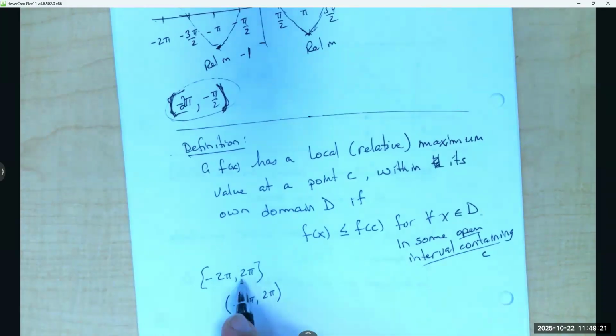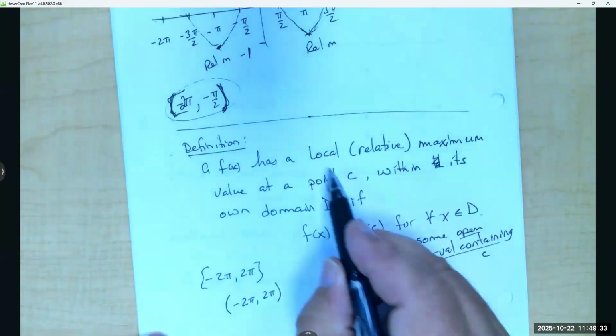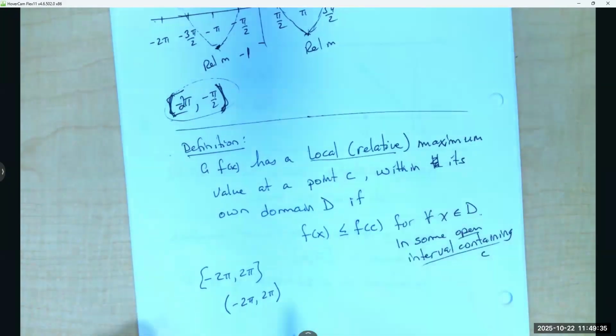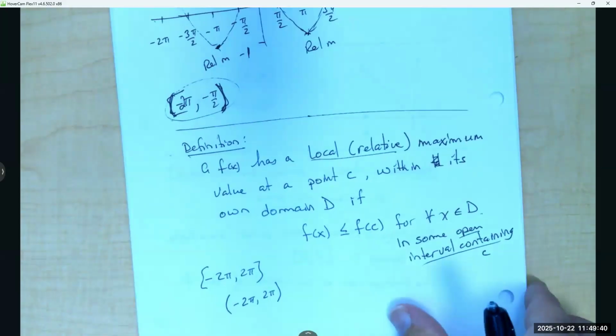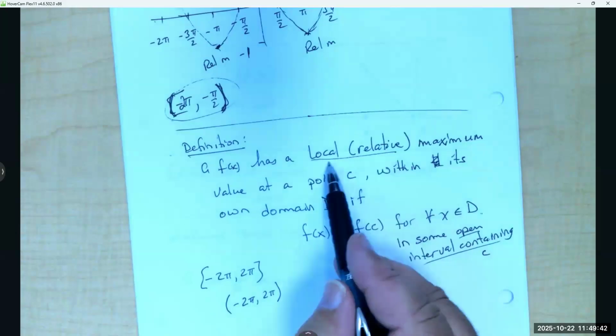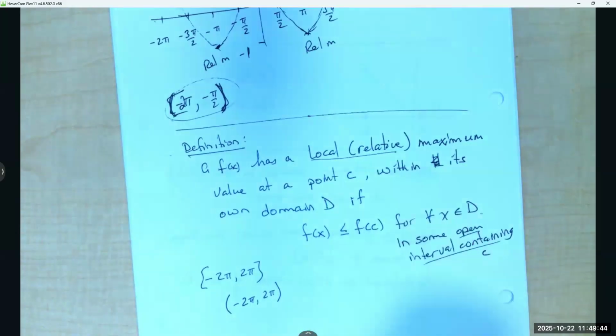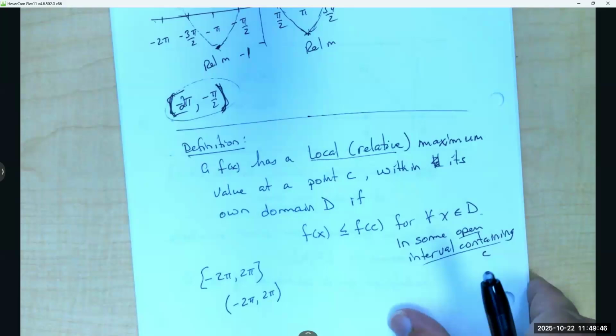Isn't this domain smaller than this one? Yeah, because you can't use the endpoints. If we're looking over the entire domain, then we have to stick with those rules. Now we're dealing with local, relative ones, so it's got to be a subset of the overall domain. So that's a relative maxima. It's just the opposite when it comes to a minima.